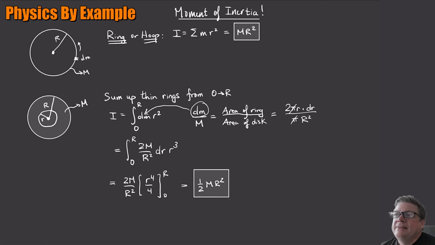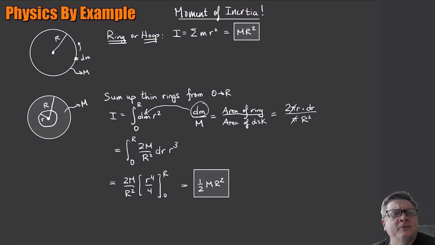There we go. So the moment of inertia of a ring or a hoop was super easy, just mr squared. The moment of inertia of a disk, we got by cleverly integrating rings. Since we had just done it, we might as well use it. Rings all the way from 0 out to R to sweep out the disk. And what you get is that it turns out to be half the moment of inertia of a ring or a hoop of the equivalent mass. That's kind of neat.